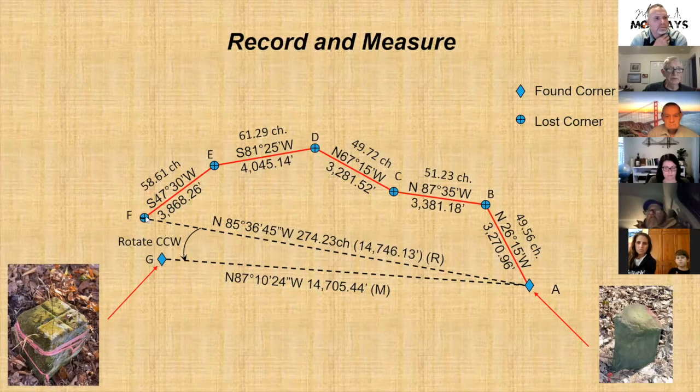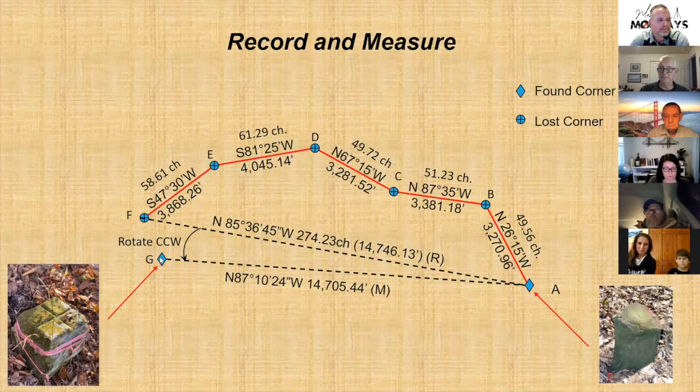Now, what we were talking about before in the first two slides, we're going to take the coordinate we found in F, and we're going to inverse back to A. When we inverse between A and F, that gives us a bearing and a distance between F and A. We're going to do the same thing and inverse between G and A. Now, don't forget that G and F are the same point, but in different positions, because F is where the record says it was, and G is where we actually found it.